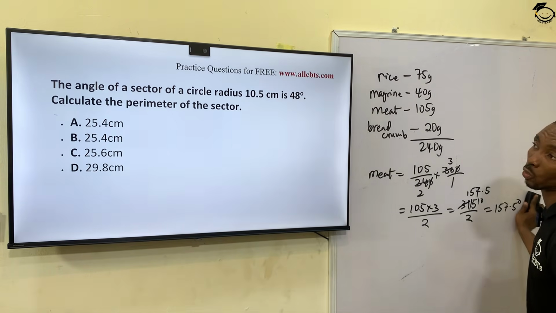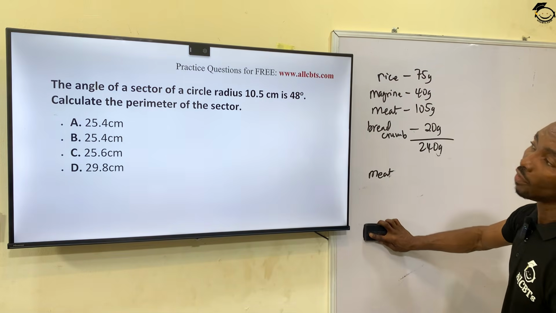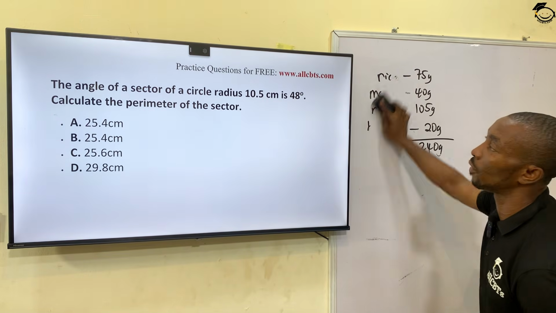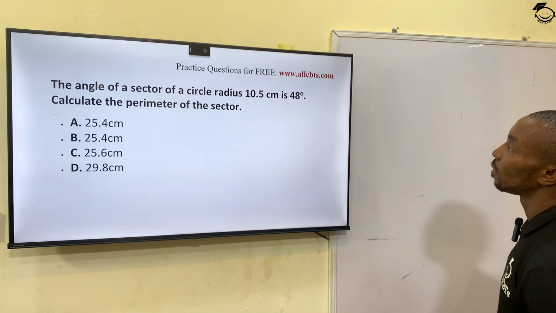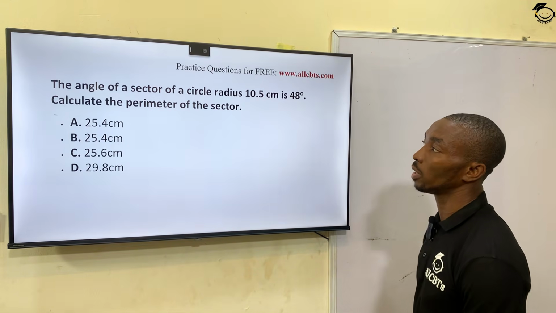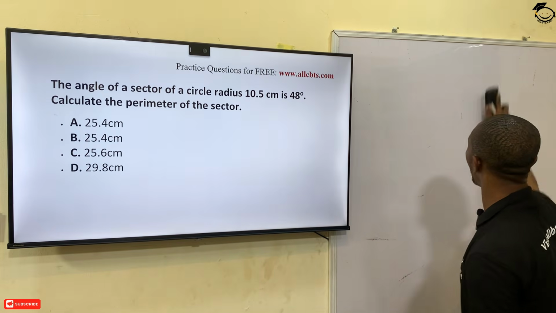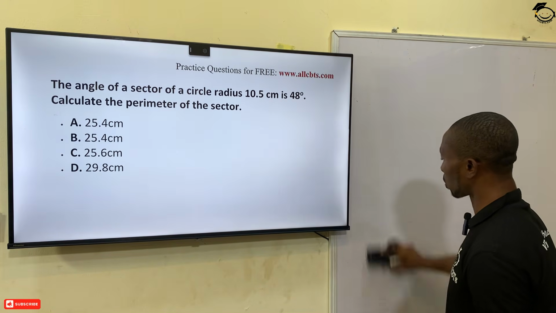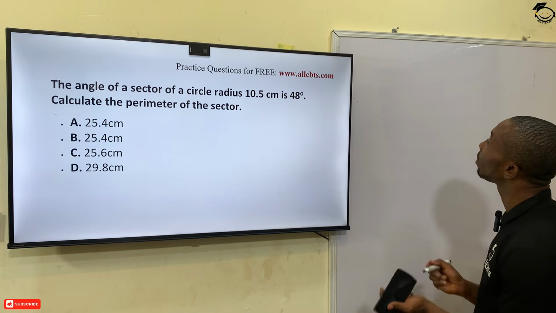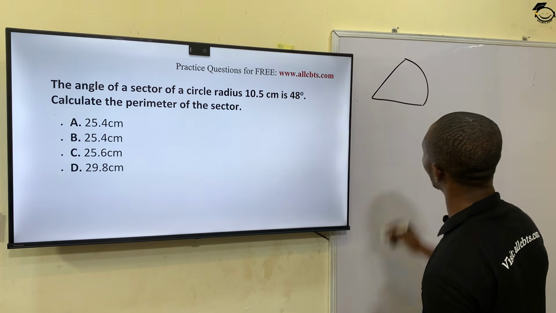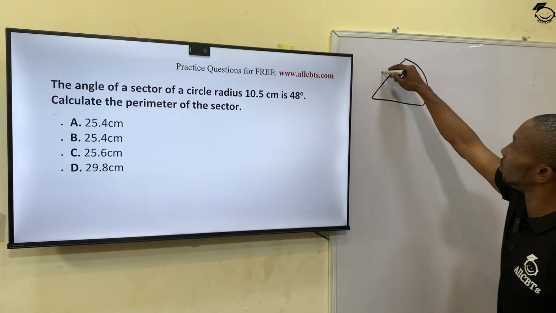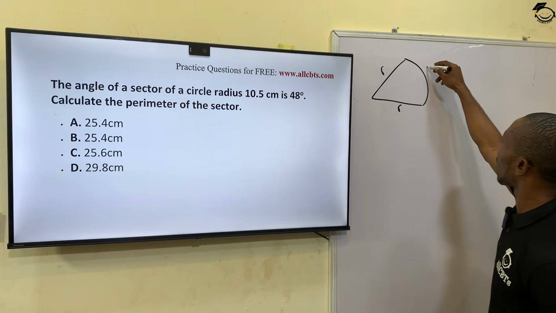All right, so our next question, it says, the angle of a sector of a circle of radius 10 centimeter is 48 degrees. Calculate the perimeter of a sector. Now, when we talk about a sector of a circle, it is a portion or a region of a circle bounded by 2 radius and an arc.